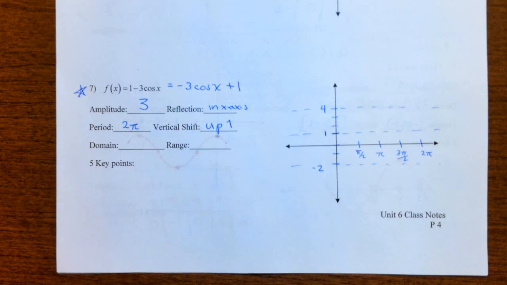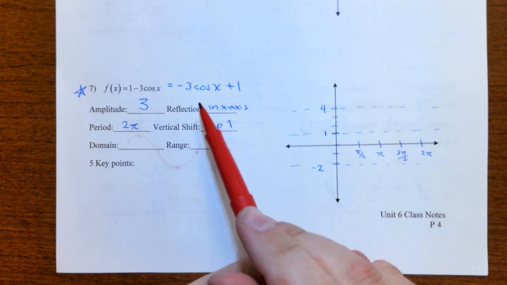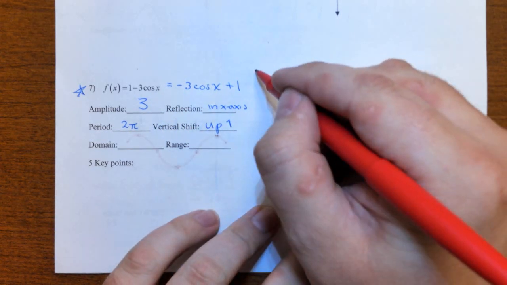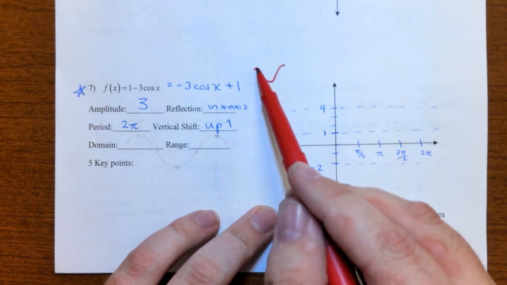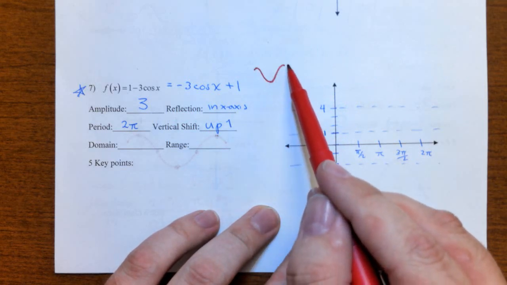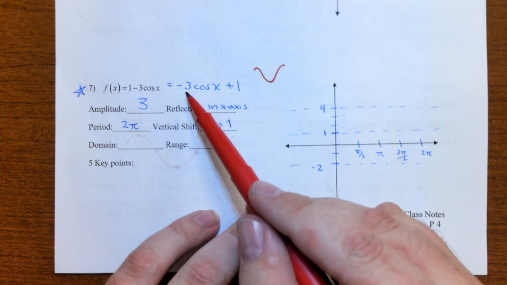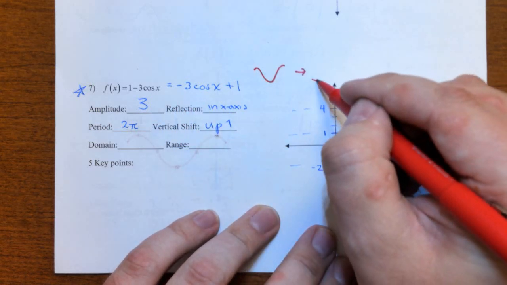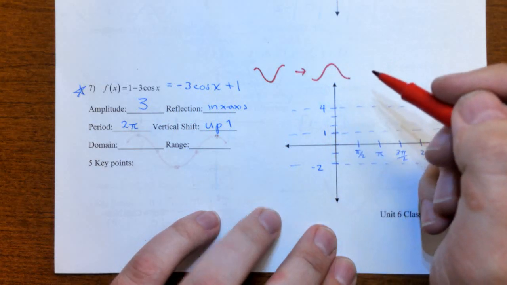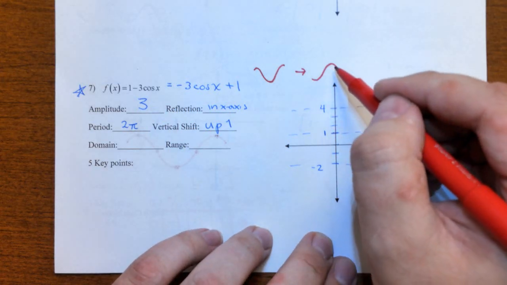So, let's think about this. Let's not overcomplicate this. Cosine. If I'm thinking cosine, I know that cosine starts up high, then goes low, then comes back up high. If there's a reflection, it will do the opposite. It'll start down low, then go high, then go low.